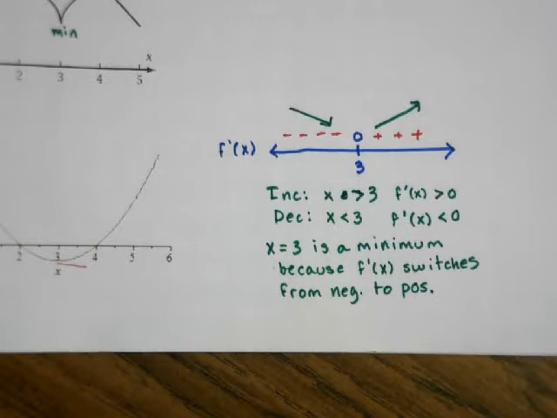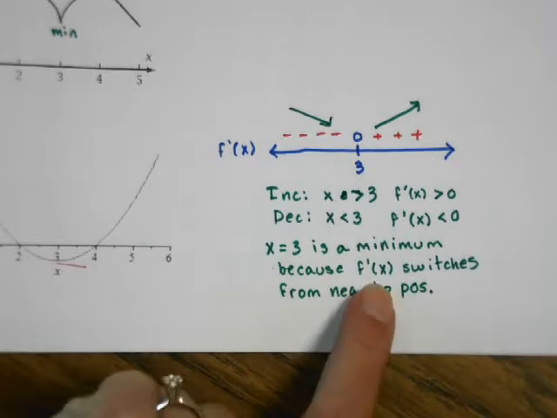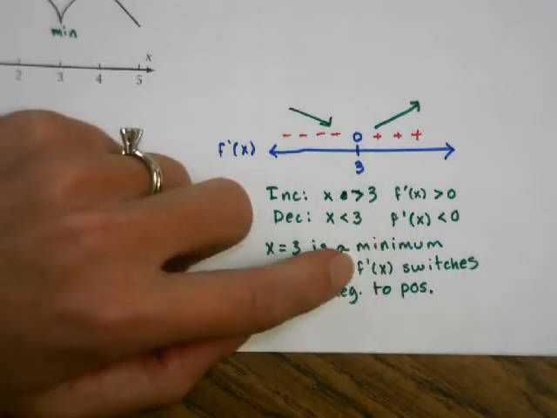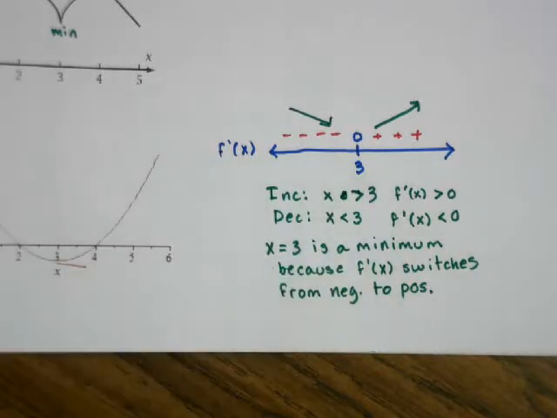That would be our justification from the first derivative test. x equals 3 is a minimum because f prime switches from negative to positive. You have to be very specific here. If you just say it's a minimum because it switches from negative to positive, that's not specific enough. It has to be f prime switches from negative to positive.